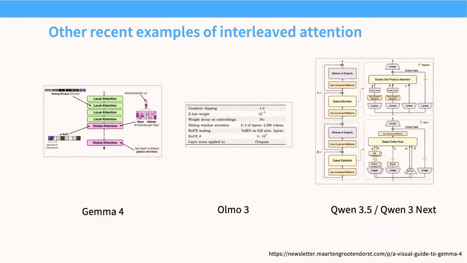Qwen 3.5, which I've put on the right, is actually a little bit different because they alternate a state space model called gated delta net and a full attention, one full attention every 4 layers. So it's the same alternating structure, but they're using a different sort of cheap layer. In their case, they're using a state space model, which I'll explain next lecture, instead of a sliding window local attention.